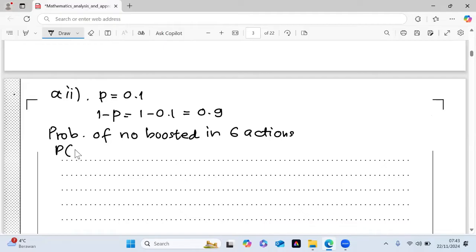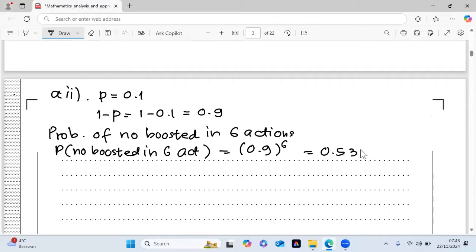The probability of no boosted in 6 actions is 0.9 power 6. And the result is 0.531441.